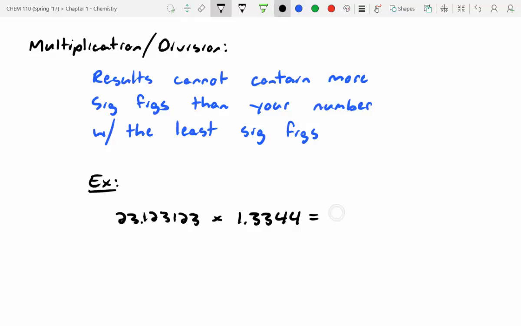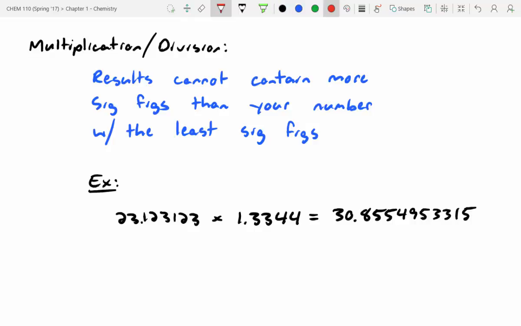And if you do that, the number that you get out, assuming my math was right, is 4953312. This is the calculator value, but we need to determine how many sig figs to include.